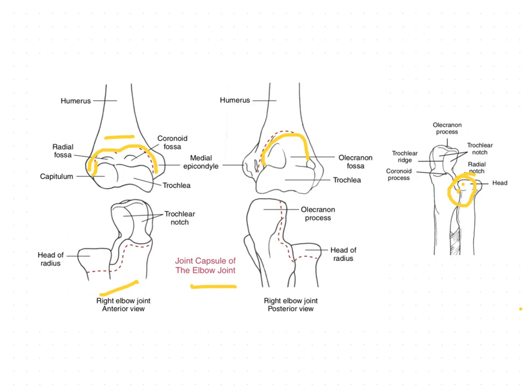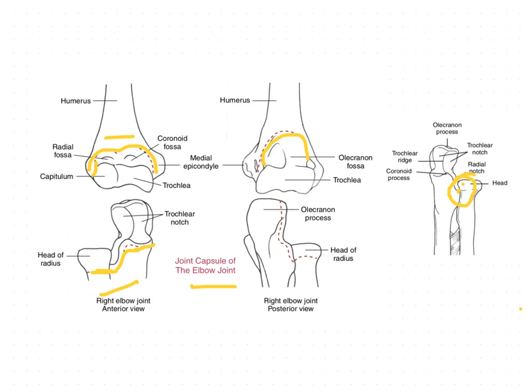This is the above attachments, and below it is attached to the anterior and medial margins of the coronoid process, and also the upper margins of the annular ligament.